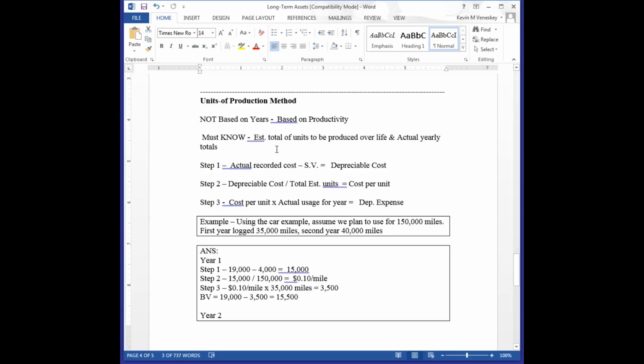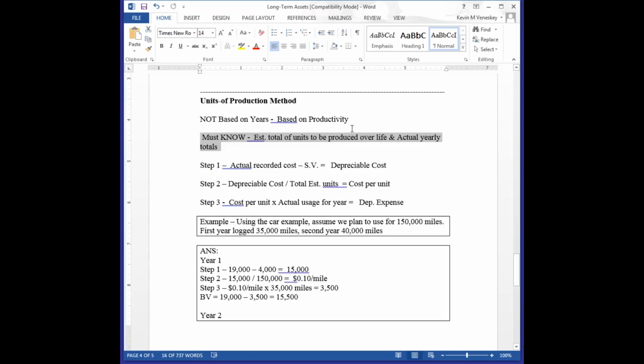So the only thing that management needs to be able to know is they need to be able to calculate the salvage value again, which is the exact same as straight line. But what you need to do then, instead of saying 10 years, you need to say how many units am I going to be making, or whatever it is going to be driving.